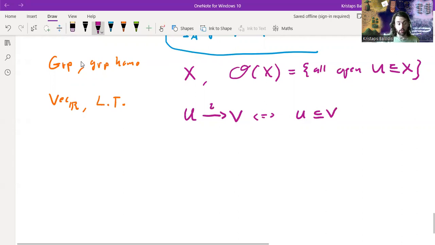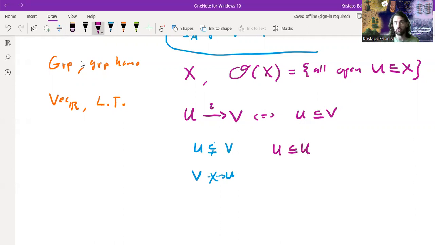So this means, for example, if U is strictly contained in V, then I don't have any arrow going in the opposite direction, right? And of course, I have an identity that does all the things identities do, because U is contained in U. And this defines a category, right?